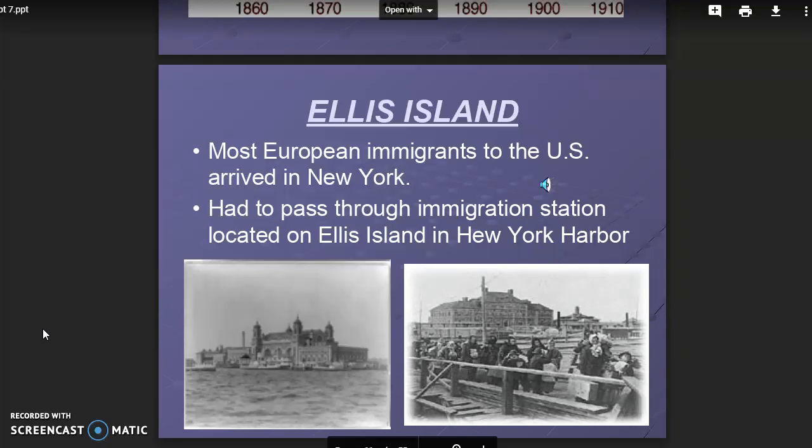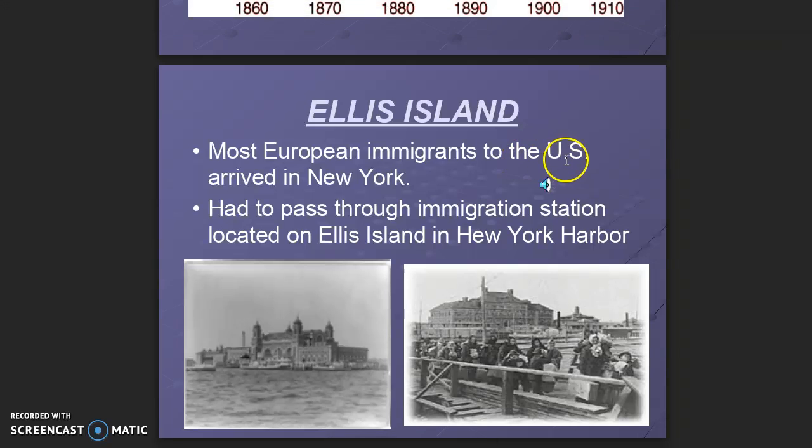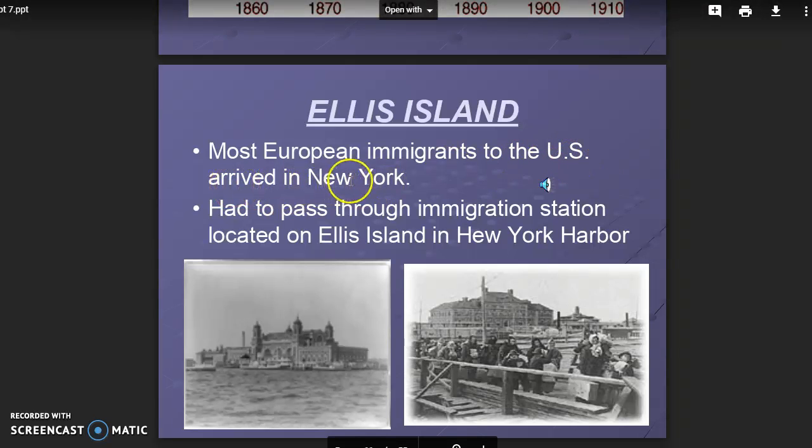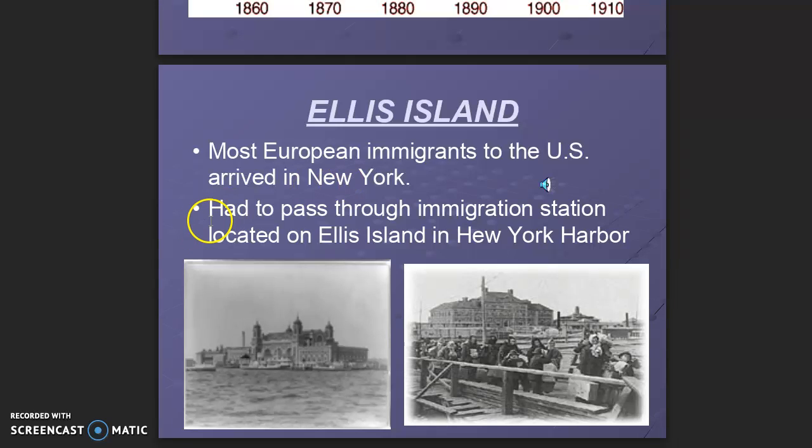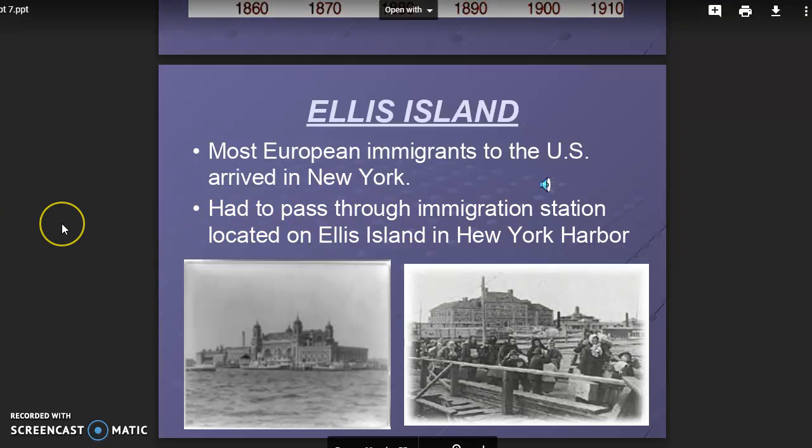Number 6 is asking to describe Ellis Island and Angel Island. These are the 2 islands they're talking about. So, most European immigrants came to the United States and they arrived in New York. So, Ellis Island is in New York. They had to pass through an immigration station located on Ellis Island, here in New York Harbor.